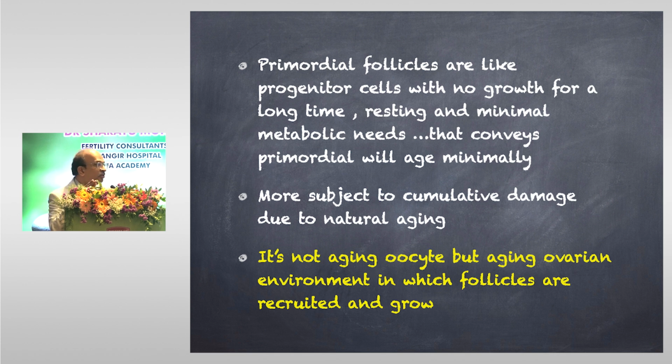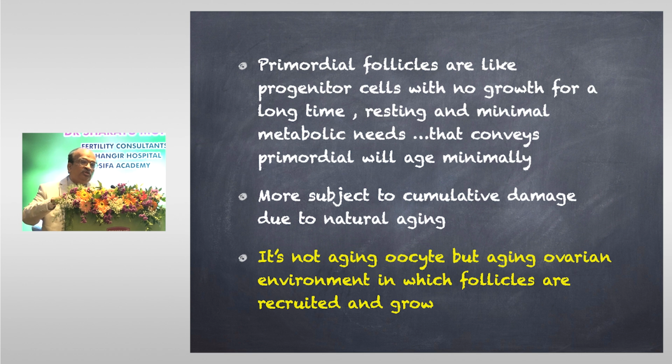Can we awaken these primordial follicles, because they are not aging anyway, and make them available at a certain age to become a pre-ovulatory follicle? It's not an aging oocyte, but an aging ovarian environment in which follicles are recruited and grow, and that is the spoiler. The environment is the spoiler.